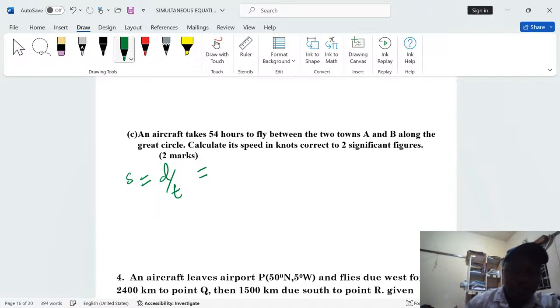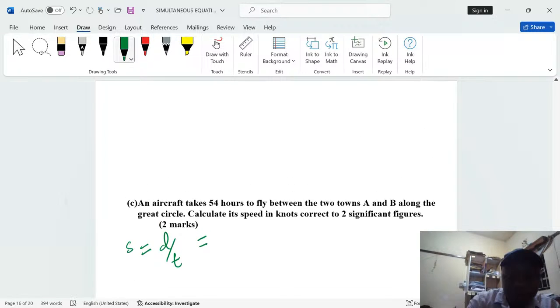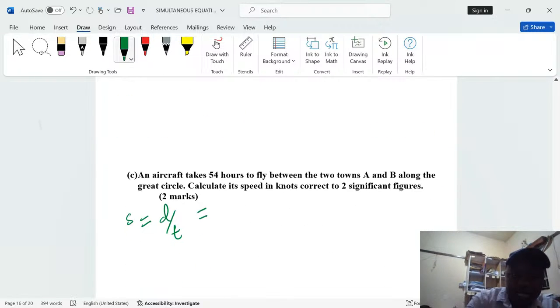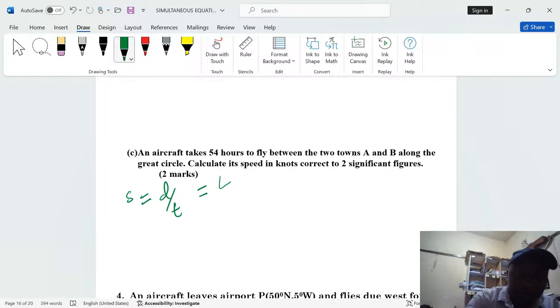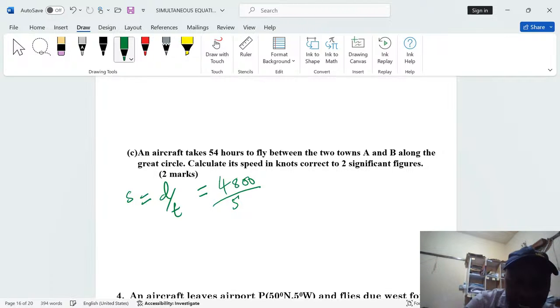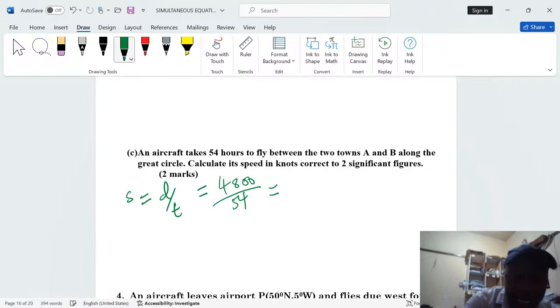And the distance between A and B along the great circle has been obtained up there as 4800. Therefore, when we divide by time, because the distance is already in nautical miles and the time taken is 54 hours, we will directly get knots, and we are going to get 88.89.